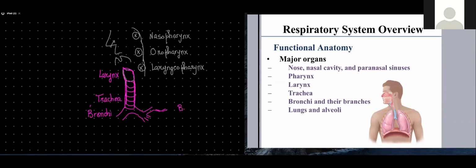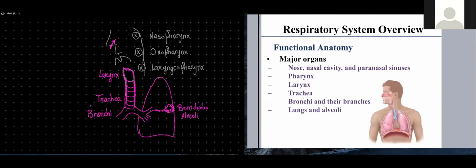Those are my bronchioles that will end up at the clusters of air sacs formed of alveoli. Together, the bronchioles and the air sacs will form my lungs. This is going to be the main part of the respiratory system. So this is the functional part.